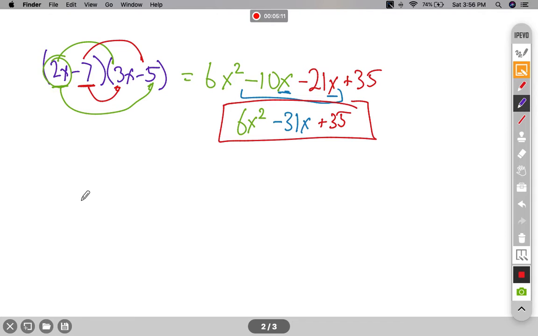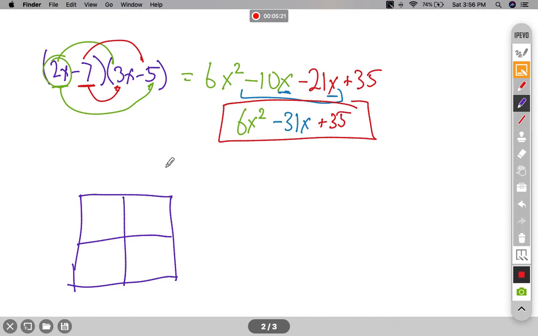Another way we often do this is we can set it up with what we call the area model or the box. It's based on the Punnett square from biology when we're doing genetics. This is length times width, like the area of a rectangle. So I've got the 2x minus 7, and the 3x and minus 5.